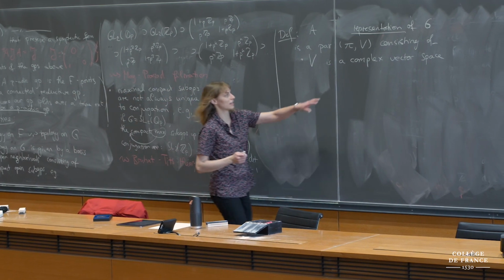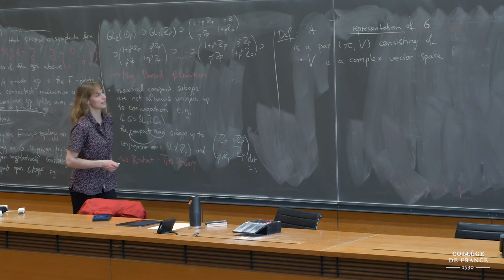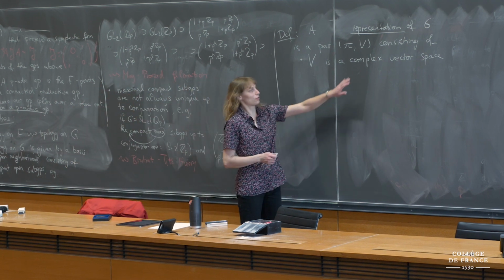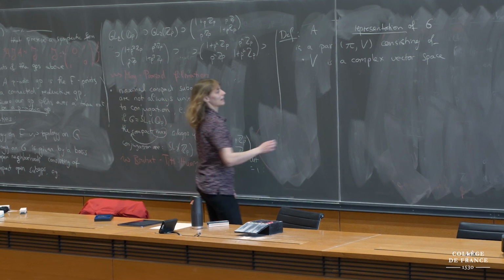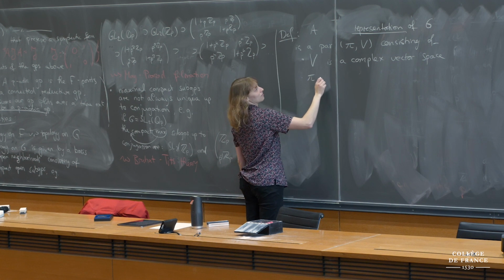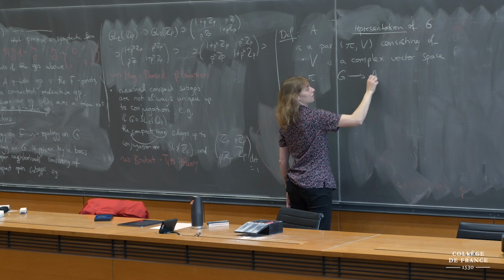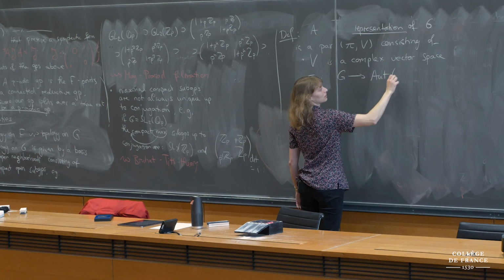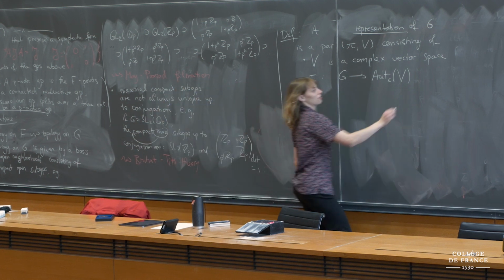So one thing you could vary is you can replace complex by some other field here, and then you get a different theory. But let me focus here just on the complex numbers for simplicity. So it's a complex vector space V together with pi from G to the space of C-linear automorphisms of this vector space, which is a group homomorphism.